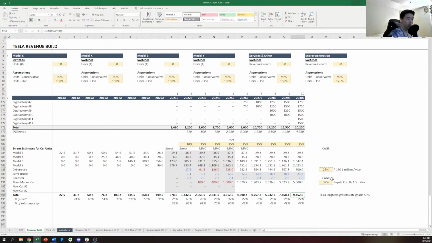Ooh, man. So they're at roughly 9.5 million cars with the mass market car. I would assume that they would probably have to just create another car that's even cheaper, so that if this is a 25K car, this would be a 15K car.